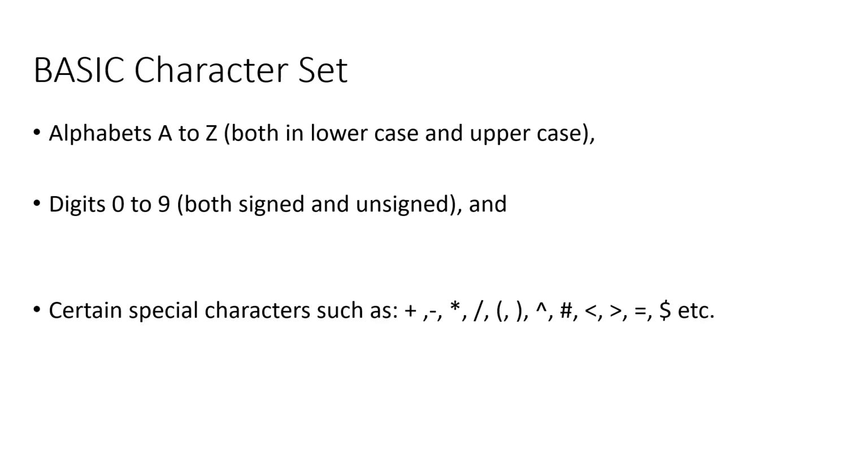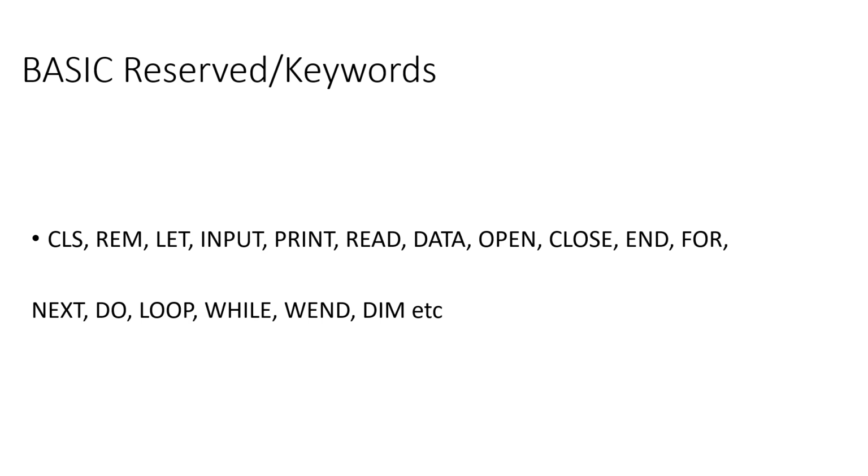Then we can also have special characters, like multiplication, division, left brackets, right brackets, exponentiation, hash, and so on, as you can see. So these are the basic character sets that we have. Then we also have what we call reserved words or keywords. These are applicable for all programming languages.